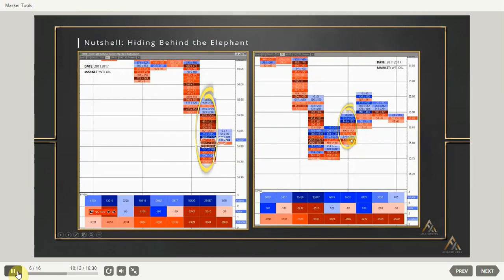Now, like I said, some traders would choose to have their stop below the low. For me, I prefer to keep it much tighter, pretty much around where the base of that elephant is. As a general rule of thumb, when the market comes back off it a second time and retests the elephant, you want to see some speed reversal away from it.